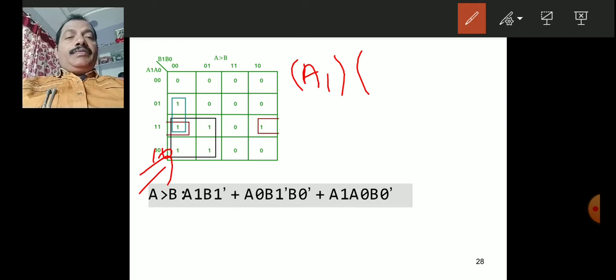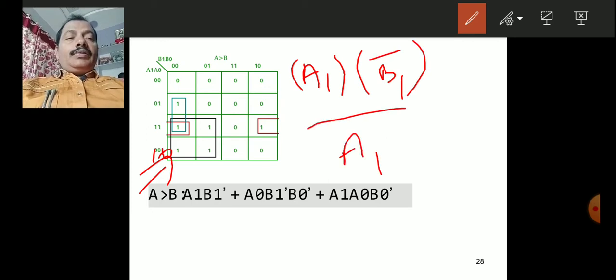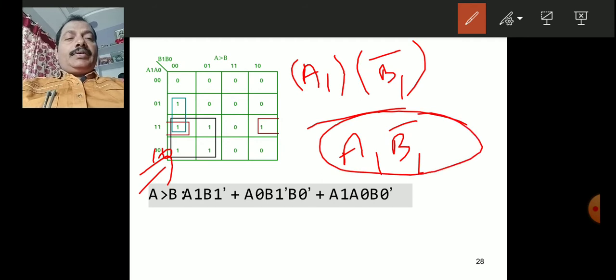So B1 is 0, meaning B1 bar. So this is A1 B1 bar. So this is the first simplified term for the quad. So here is the term for the quad: A1 B1 bar.